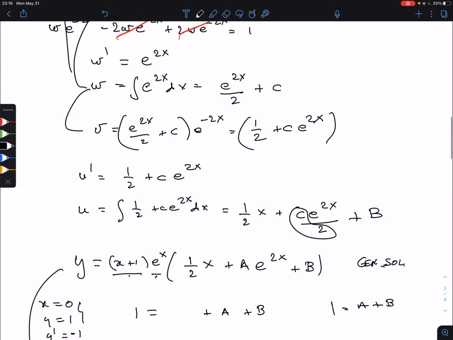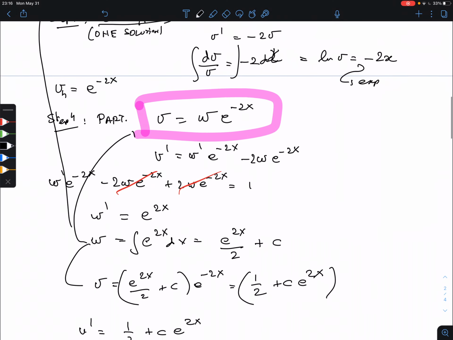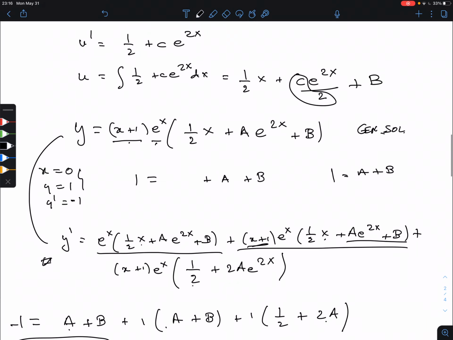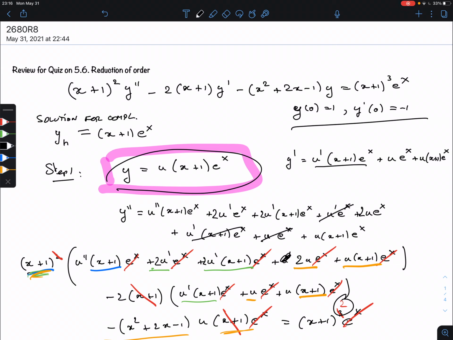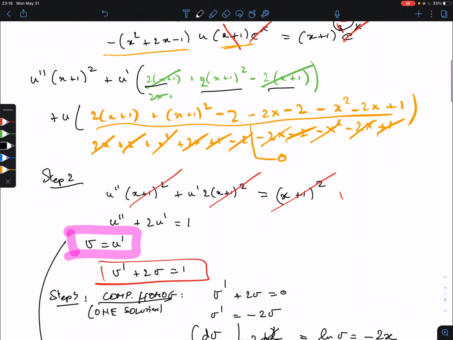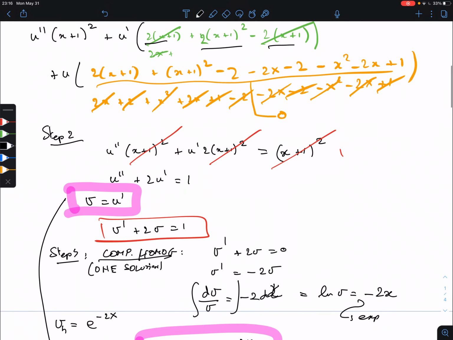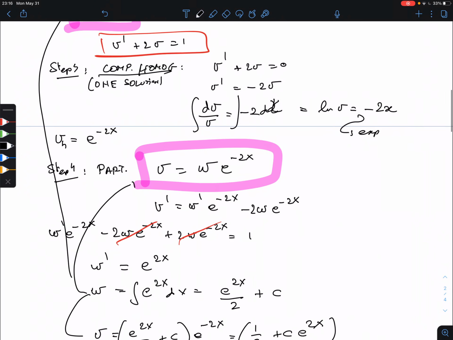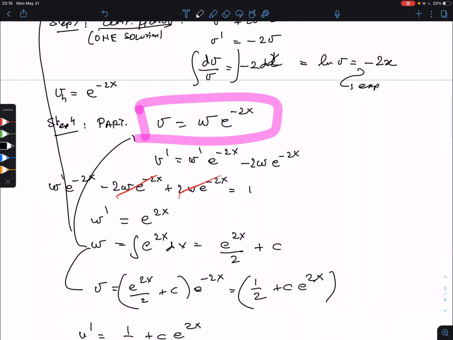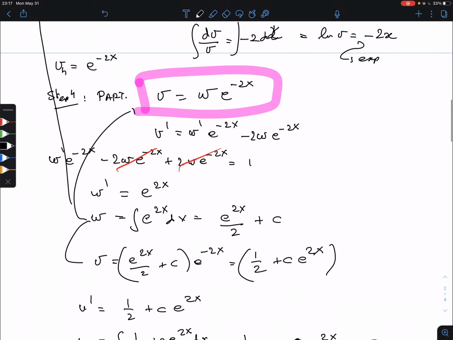Oh, I see, I see. Yeah, one thing I could have done and probably would have made my life easier is to distribute this e to the x out. And I am kind of surprised that there's an e to the x here. Yeah, that is correct. And did I lose this minus here? No, a minus. That's a minus there.